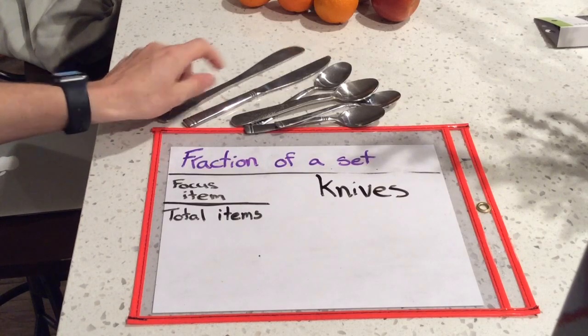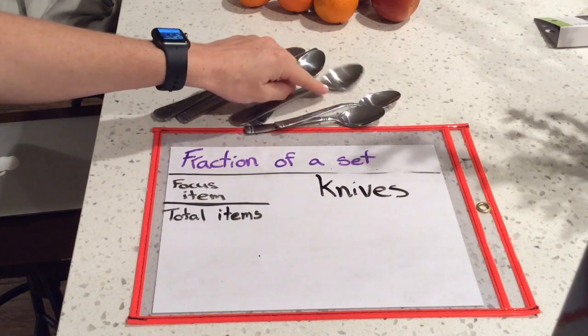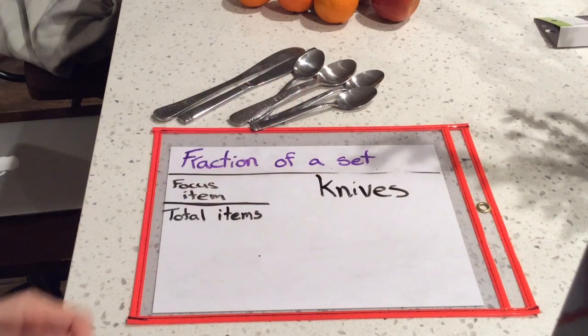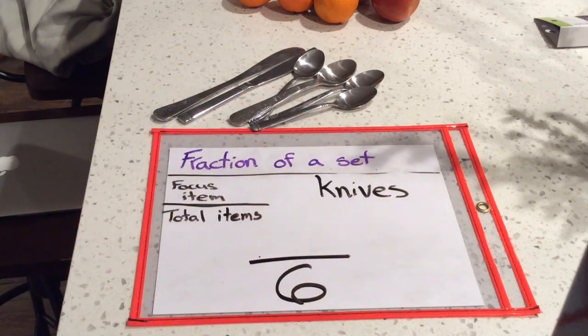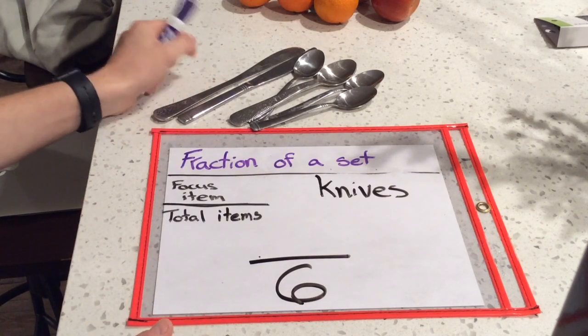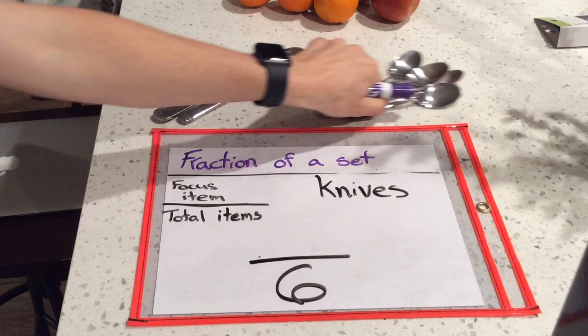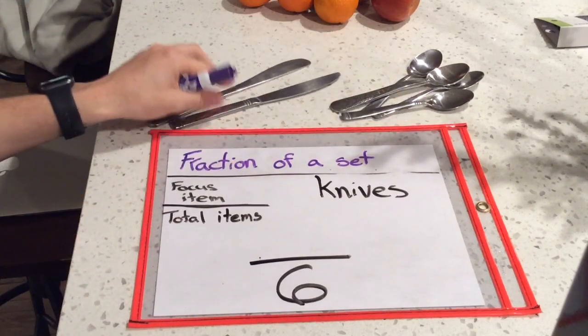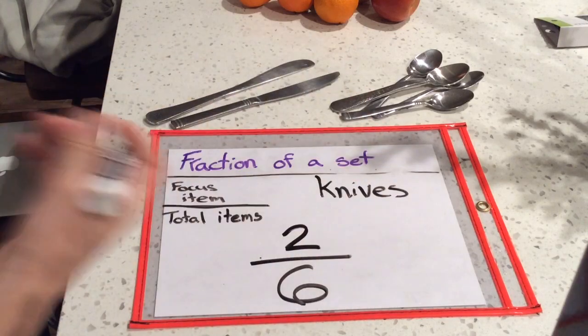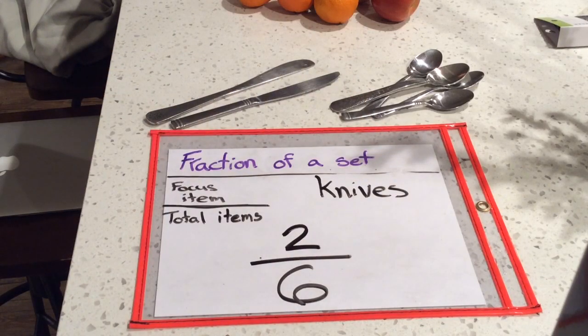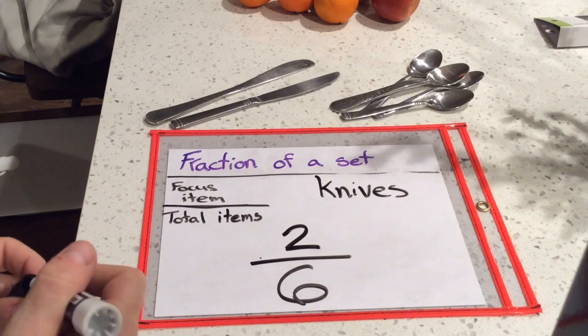I have 1, 2, 3, 4, 5, 6. I have 6 total items. How many of them are knives? I'm not looking at my spoons. I'm just going to count 1, 2. 2/6 of the silverware that I took out of the dishwasher were knives.